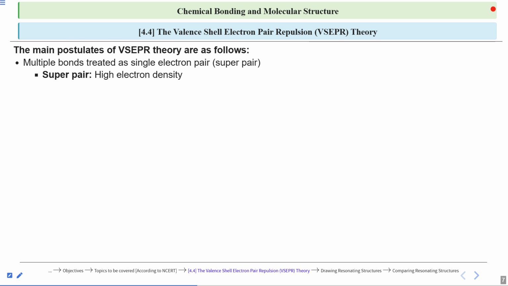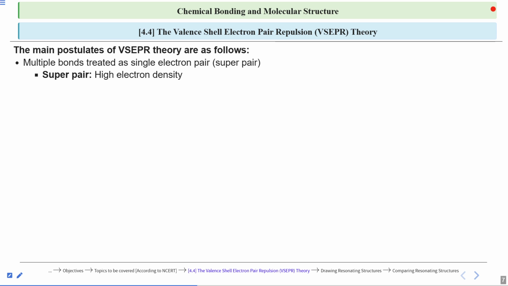So if you are considering the shape, suppose in place of BCl2 we have CO2. The carbon will be attached to one oxygen with a double bond, and to the other oxygen again with a double bond.